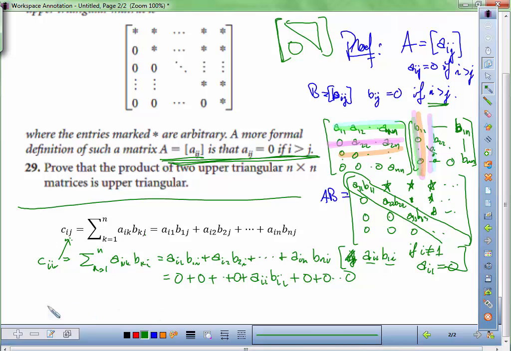So now let's consider c_ij, where i is bigger than j. So it'll be the sum of a_ik times b_kj.